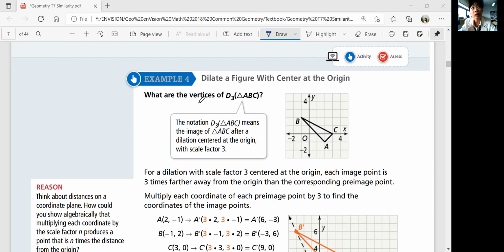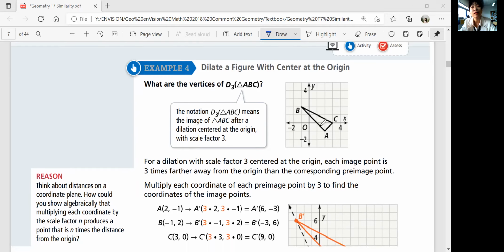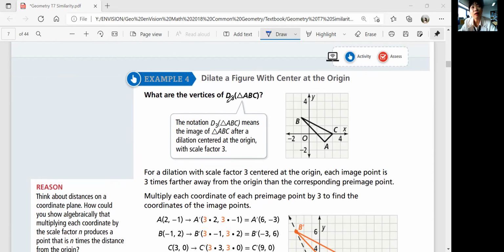The notation dilation sub 3, D sub 3, triangle ABC means you're dilating triangle ABC, and it's for the coordinates, it's always going to be centered at the origin. So whenever you don't see a point of dilation, that is when you have the center at the origin. Okay, with a scale factor of 3. So that is your scale factor.